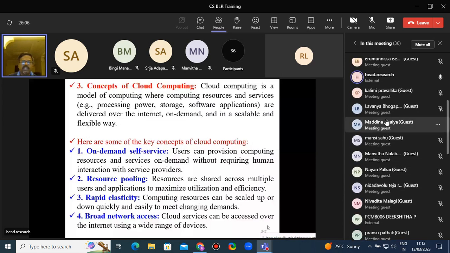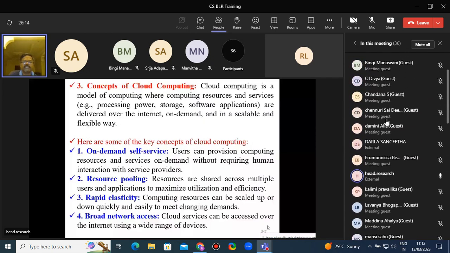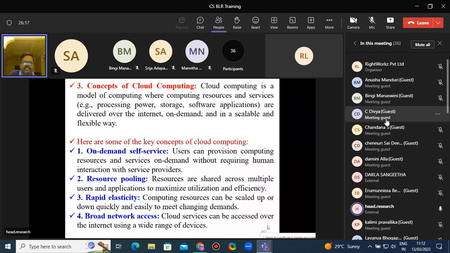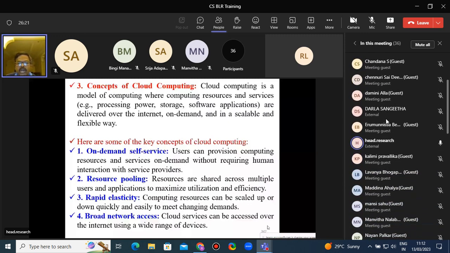That is called cloud computing. Here are some of the key concepts of cloud computing. On-demand self-service. Users can provision computing resources and services on demand without requiring human interaction with the service providers.